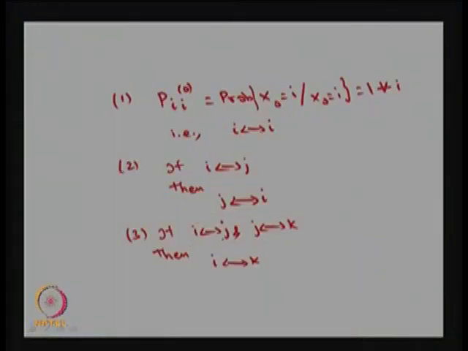Communication is an equivalence relation on the set of states, and hence this relation partitions the set of states into communicating classes. I am not giving the proof here. One can easily prove these three properties using the one step transition probability, the n step transition probability matrix and the accessible concept.